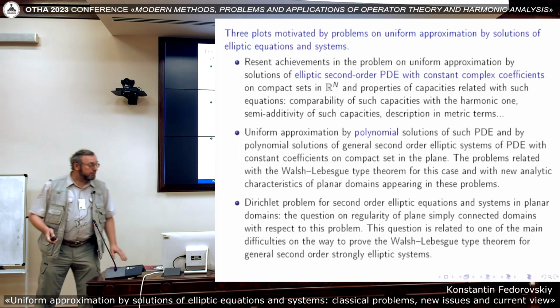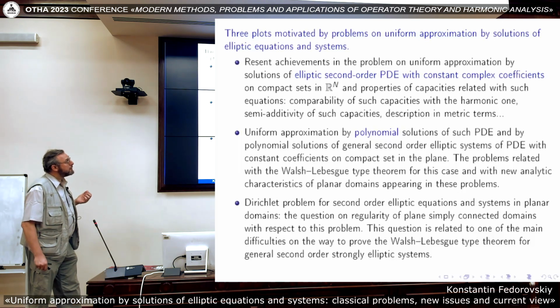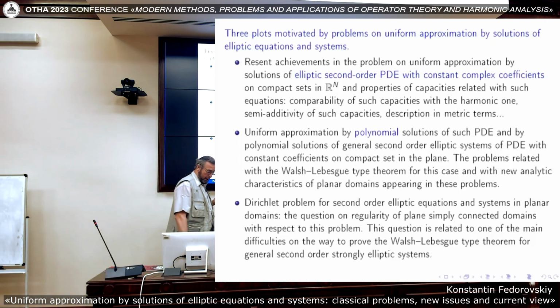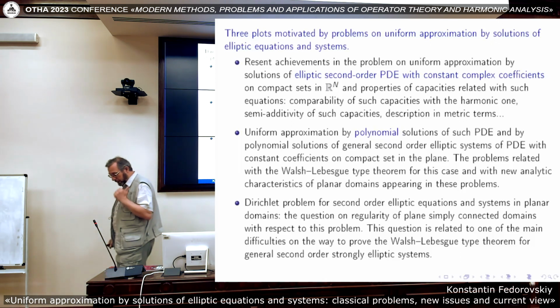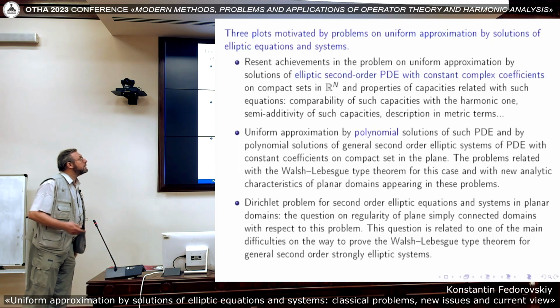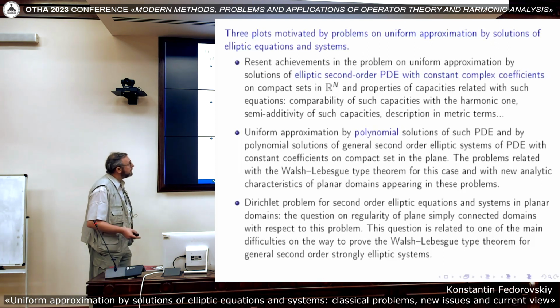And the first plot is related with properties of capacities determined by elliptic operators with constant complex coefficients. And in this plot, I will work in the space R^n with n greater or equal to 3.